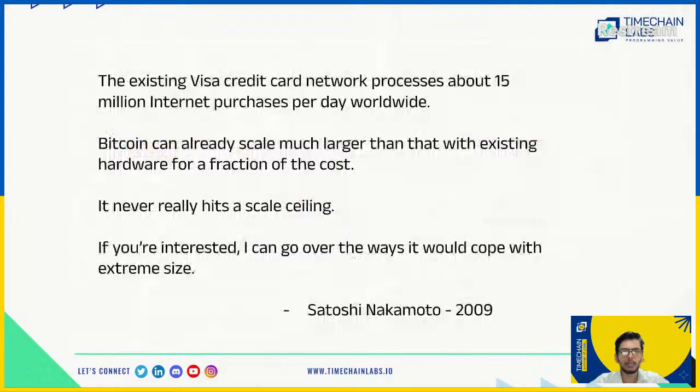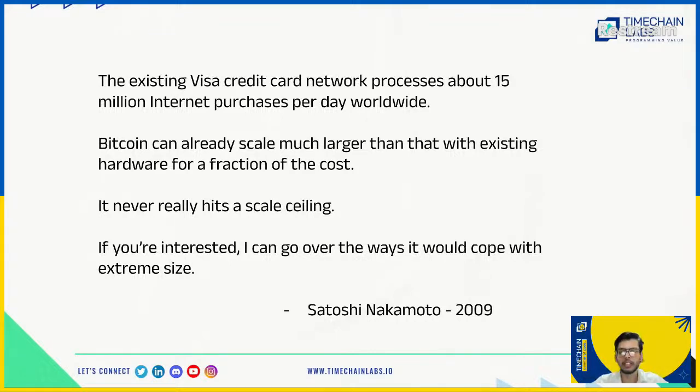Satoshi Nakamoto, in his own statements, has said that the existing Visa credit card network processes about 15 million internet purchases per day worldwide, but Bitcoin can already scale much larger than that with existing hardware for a fraction of the cost. It never really hits a scale ceiling.